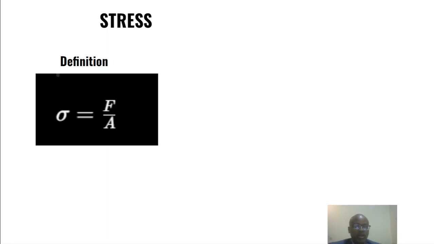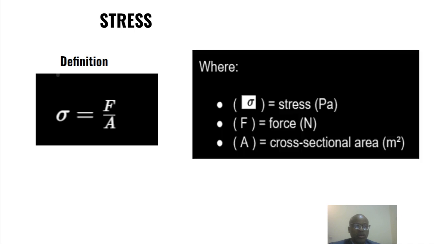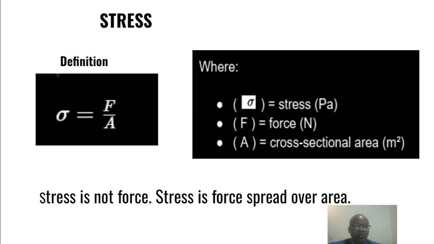We'll start with stress. As you see on the screen, another name for stress is pressure. Stress is force spread over an area. So when we talk about a force acting on a particular area, we call it stress, or we can also call it pressure. You can see the formula there.